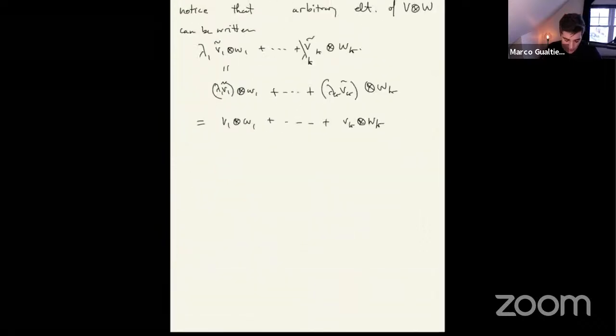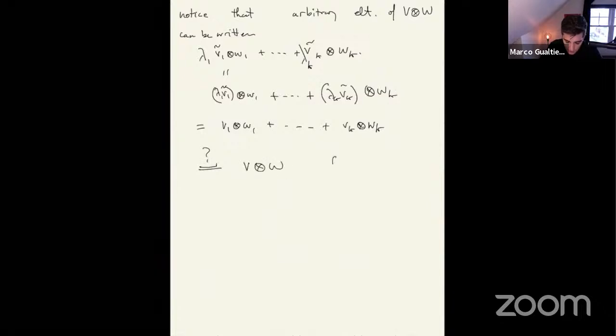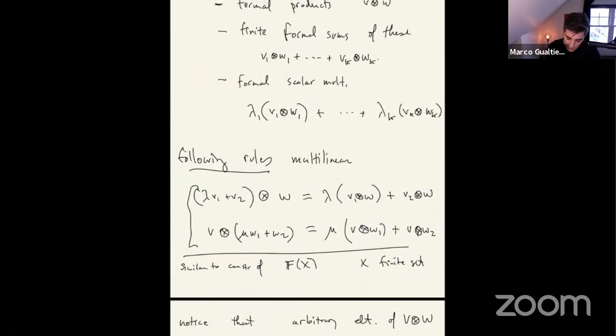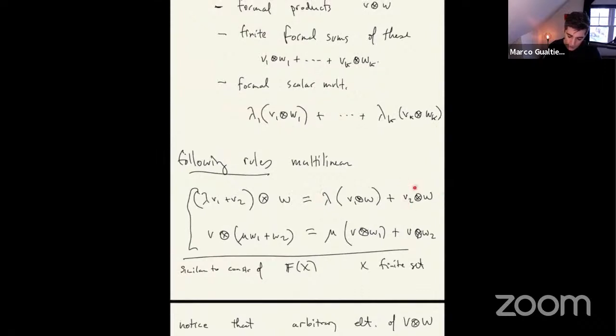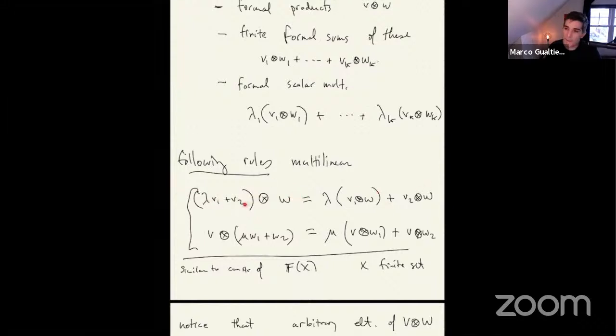Now the question becomes, can I simplify it further? Can I write this as V tensor W for some other V and W? Can I always reduce the sums by using a rule like this? Here I have a sum of two elements, but I can absorb the sum into one of the elements, and then it just becomes a tensor product of two vectors. So this has two terms and this has one term.